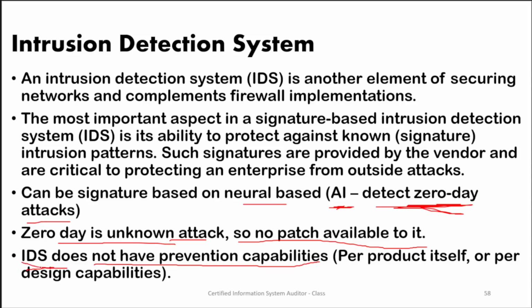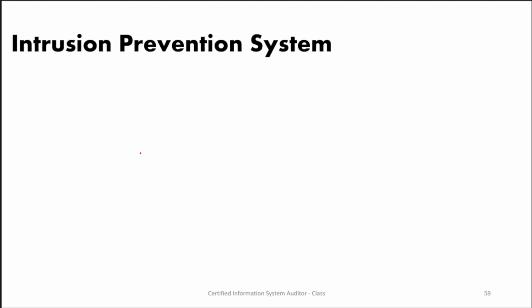Intrusion detection system does not have prevention capability. So an intrusion detection system can only detect, but cannot protect against attacks, either because the product itself doesn't have this kind of capability, or as per the design of the product. What we mean here is, in some cases, I may have a very critical system, such as core banking, and I don't want to place an IPS that could intercept and deny the traffic.